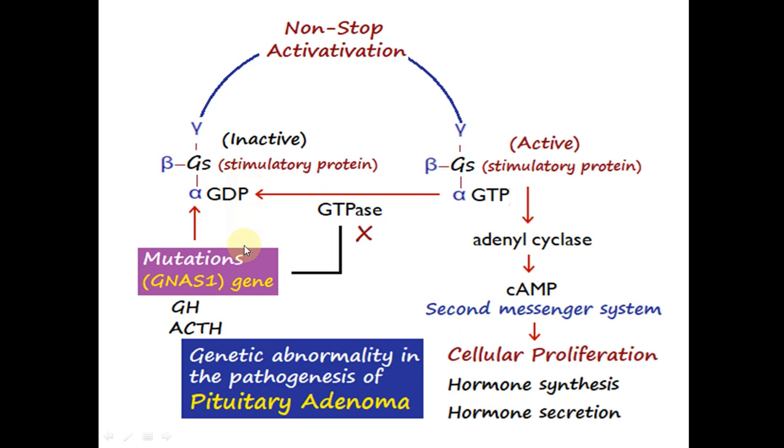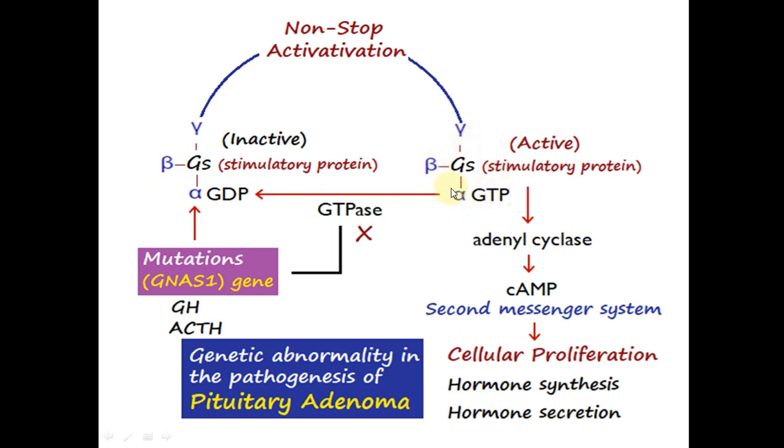But when it is stimulated by hormones like growth hormone and adrenocorticotropic hormone, the GDP, guanine diphosphate, which is attached to the alpha subunit of the G stimulatory protein, dissociates and is replaced by GTP.